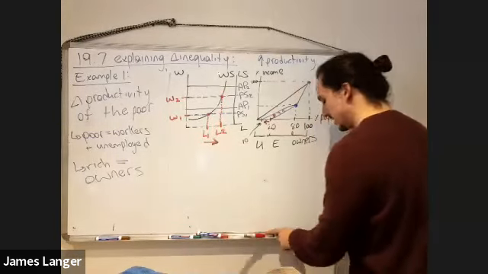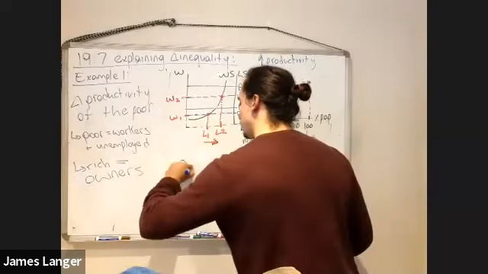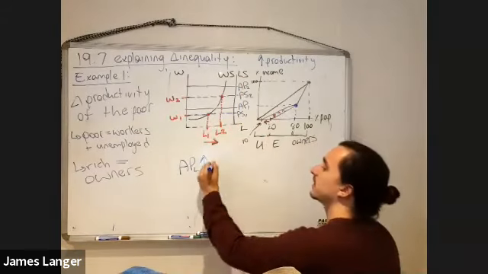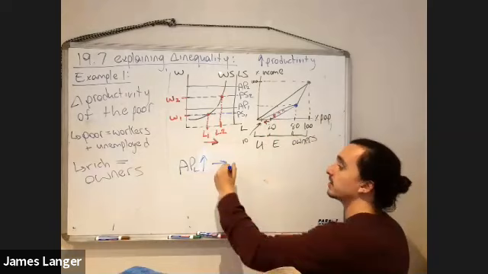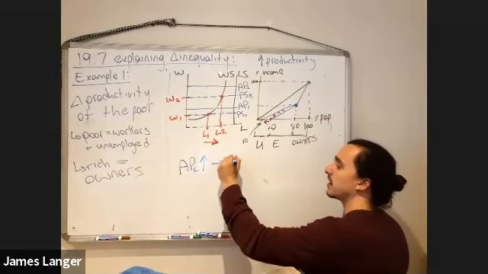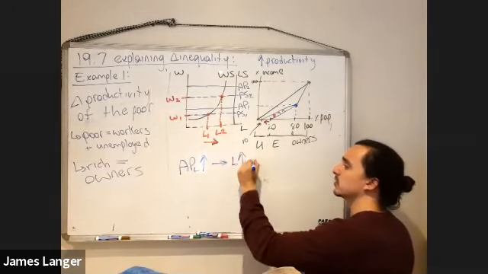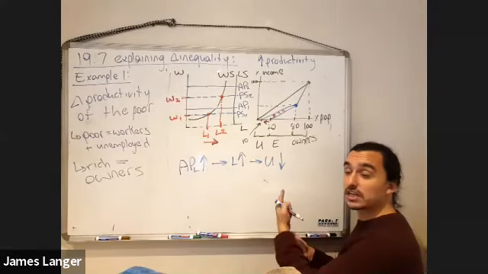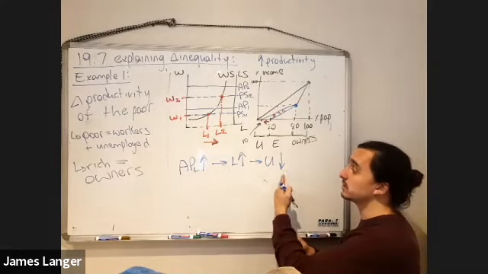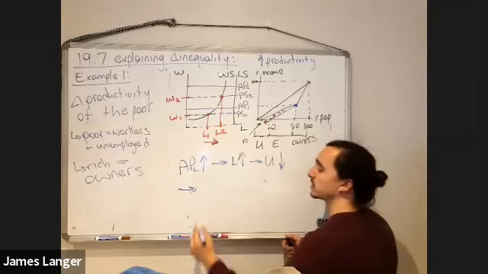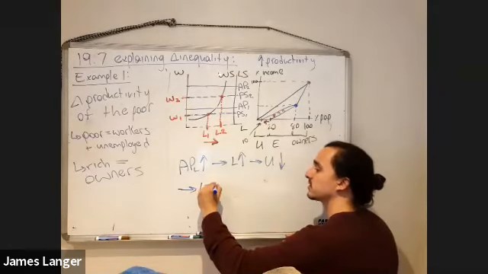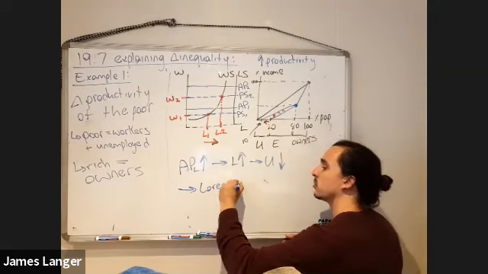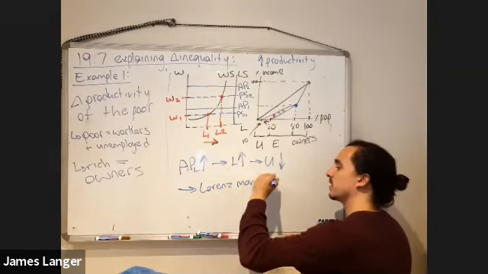So what did we see here? We saw that average product of labor increased, leading to a labor increase, which leads to a decrease in unemployment, and this resulted in the Lorenz moving inwards.